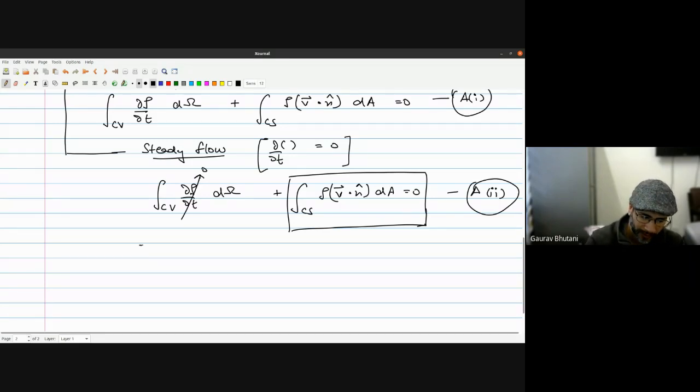So this can also be written as summation over all outlets of rho times the normal velocity Vn times A, equal to summation over all the inlets. That's another way to write this. And this rho AV, or rho times Vn times A, is simply the mass flow rate.